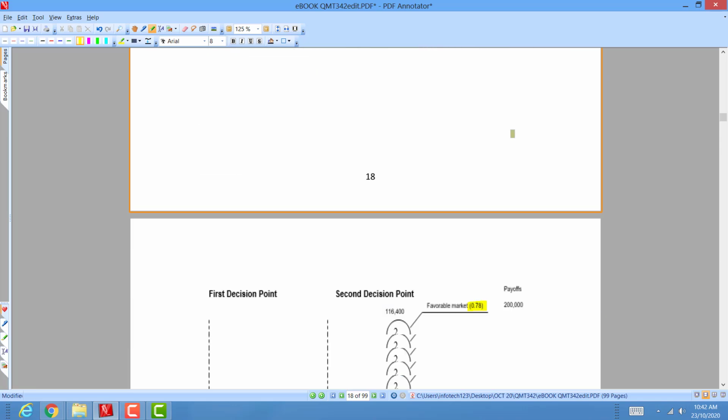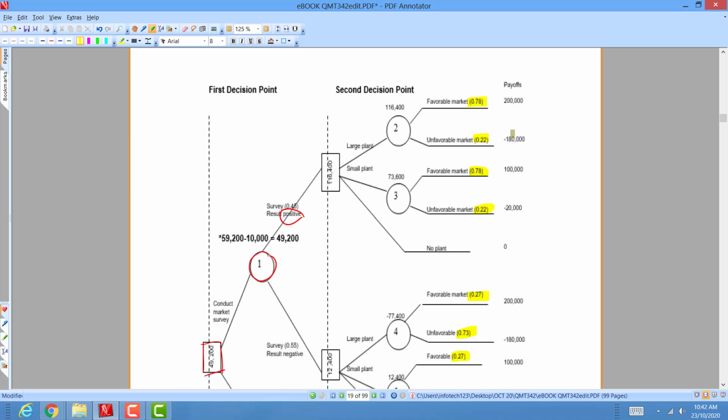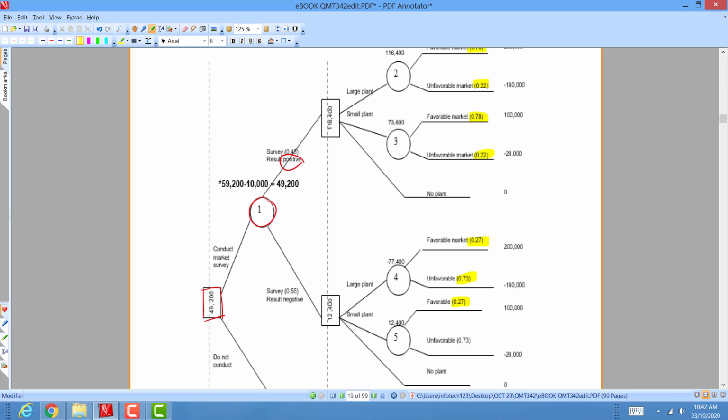So on the same positive branch you pick unfavorable, it is 0.22. If you add these two values, you will get 1. For the no plant option, the probability of course equals 1, because there is no other branch.